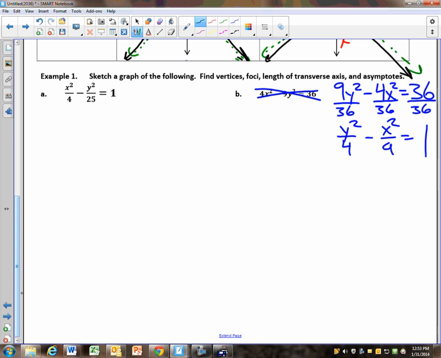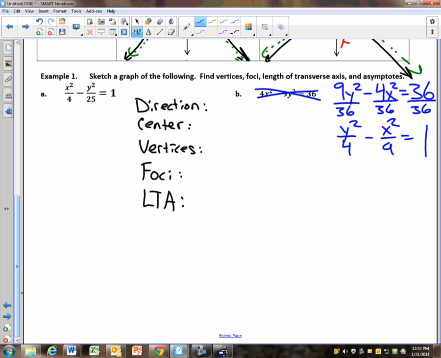I'm going to list all the characteristics. I'm going to start with direction, center, vertices, foci, length of transverse axis, asymptotes, A, B, and C. Okay.